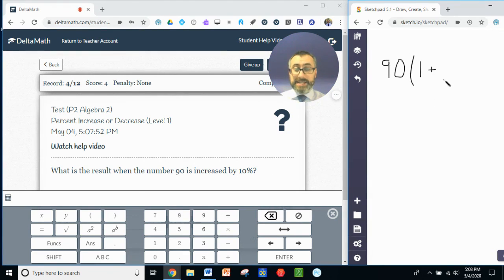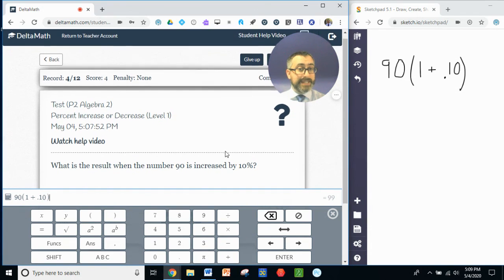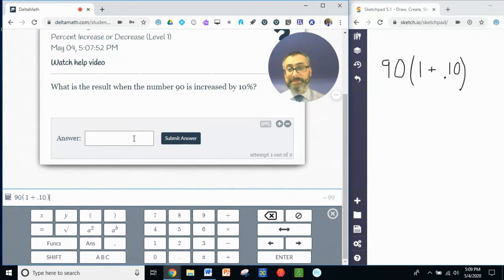The last thing that I need to do is my percent, but written as decimal form. 10% really just means 0.10. I close that out and type it. Let's see if it works. 90 groups of 1 plus 0.10. So this claims that it's going to be 99. Let's test it.